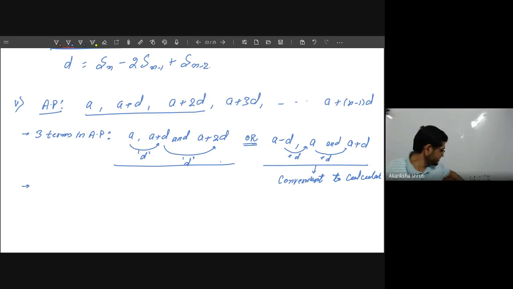Next one is the four terms in AP. Rather than four terms, we may take the five terms also. Four terms in AP. If it is asked, you are free to take A, A plus D, A plus 2D, and A plus 3D.